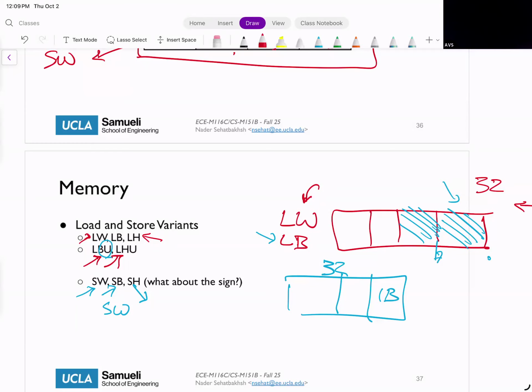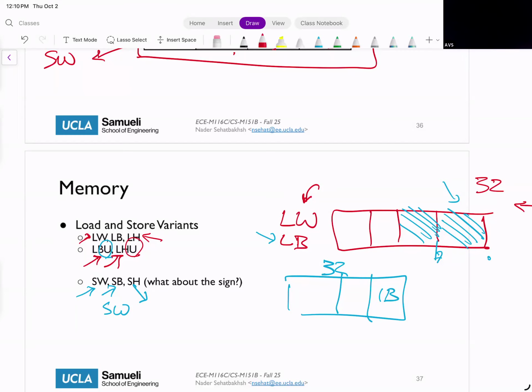So load byte takes 1 byte, writes it into the register, and sign extends the rest. If you don't want sign extension, you add the character U. So load half word U, or LHU, means I want 2 bytes, and I want these 2 bytes to be written without sign extension.